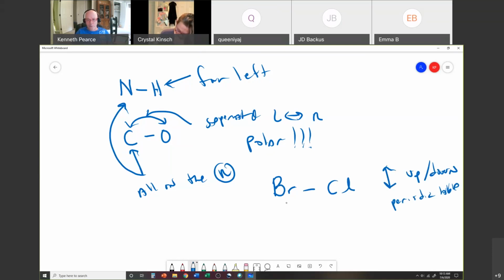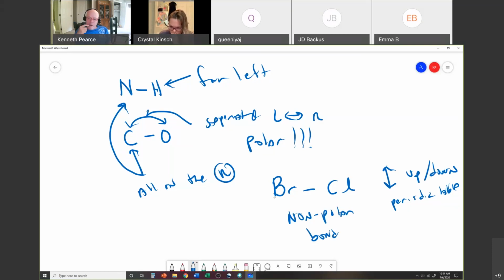And so bromine and chlorine, while they have a difference in the electronegativity and there is a net charge transfer, these are considered generally nonpolar. It's a nonpolar bond.